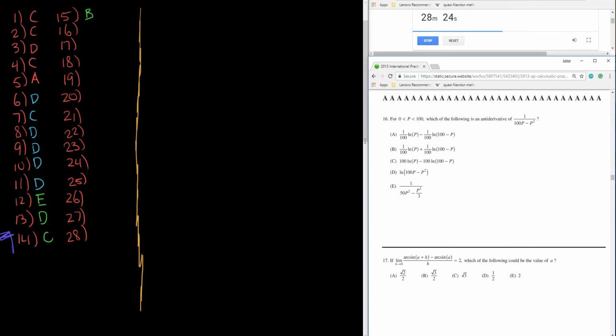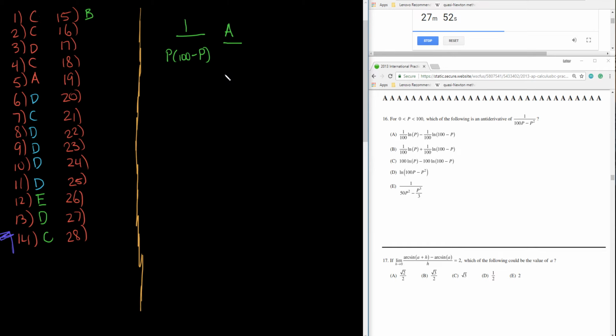What is the, okay, for P between that, what is the antiderivative of this? Okay, so we do our partial fraction decomposition, and let's just bang it out. So this is going to be 1 divided by P times 100 minus P, right?